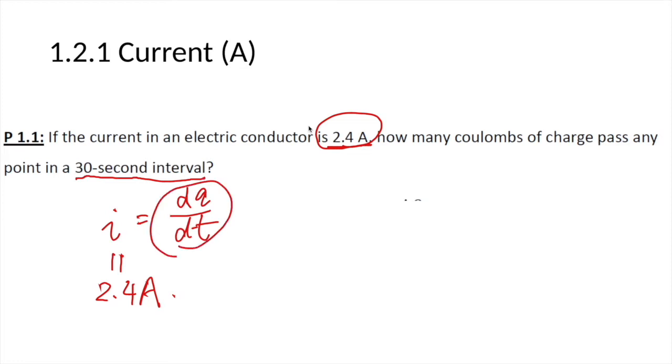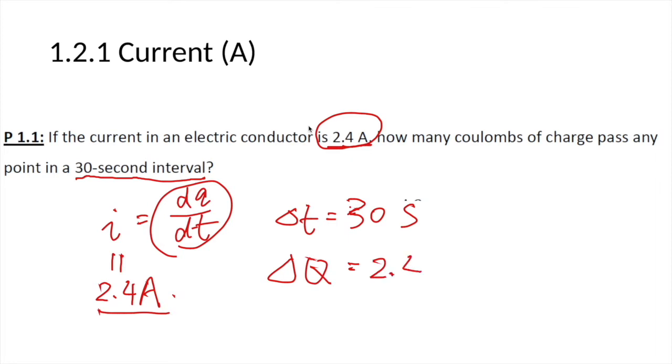And we know that delta t equals 30 seconds. So what is delta q? Of course, it equals the changing rate multiplied by the time, 30. It equals 72 coulomb.